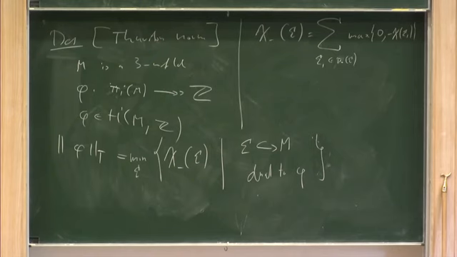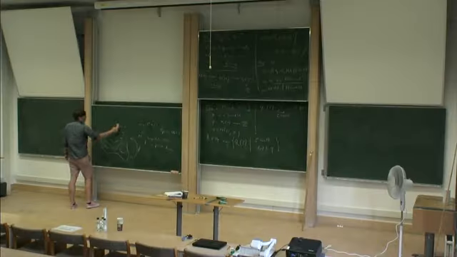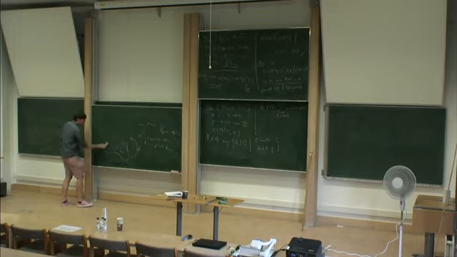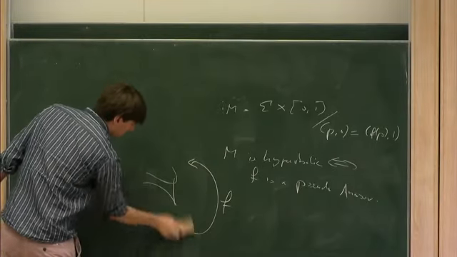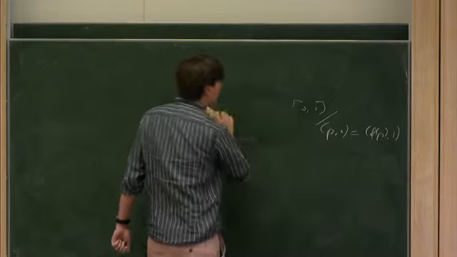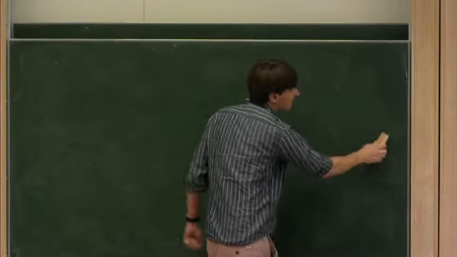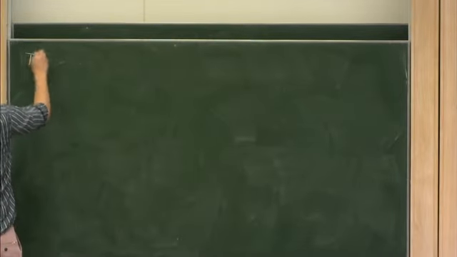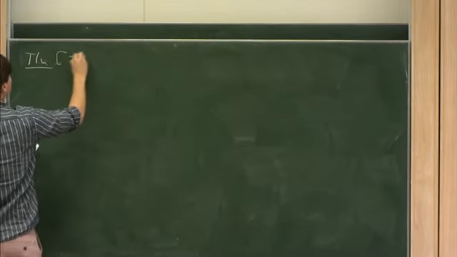So the definition is due to Thurston, and Thurston also proved a number of facts about it. As I wrote it, the only thing which is clear is that this is a non-negative number, right? So here are the facts. Theorem, Thurston.